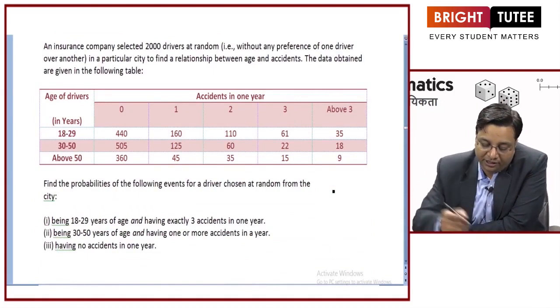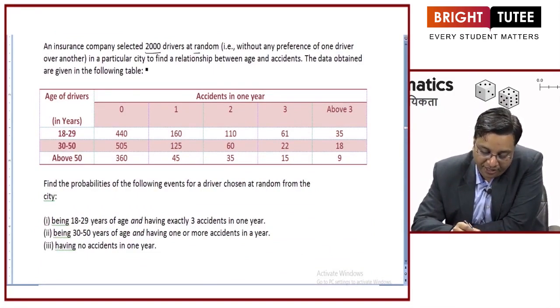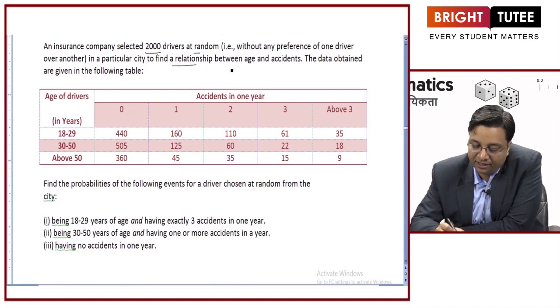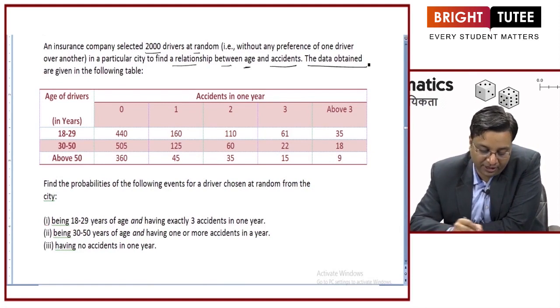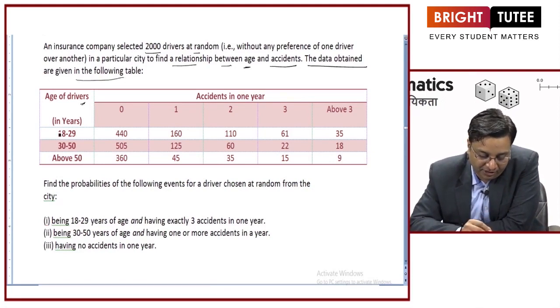An insurance company selected 2000 drivers at random in a particular city to find a relationship between age and accidents. The data obtained are given in the following tables. Age of drivers is like this: 18 to 29, 30 years to 50 years, above 50 years.